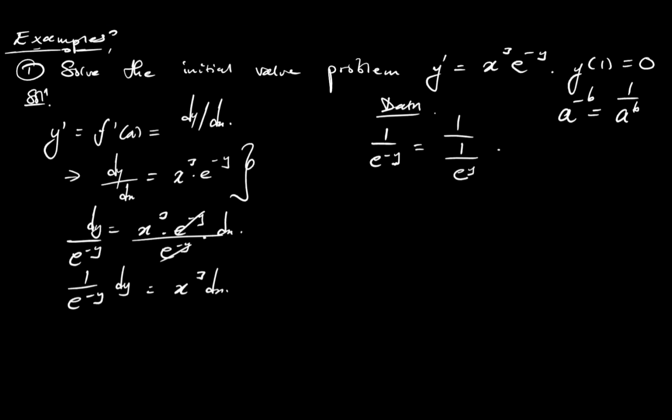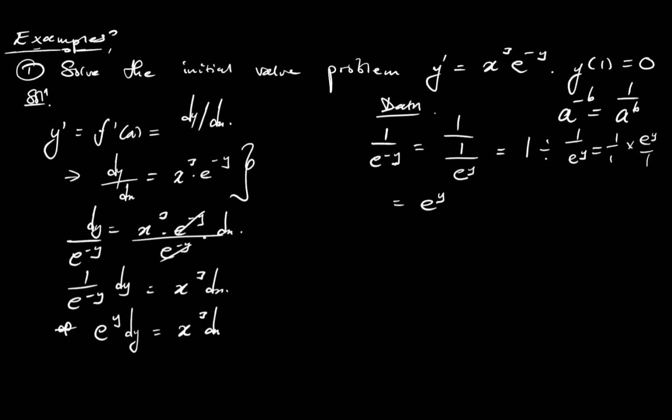This simply means I'm having 1 divided by 1 over e to the y, and this is the same as 1 over 1 times e to the y over 1, which basically just gives us e to the y. So we have e to the y dy being equal to x cubed dx. At this point, we have separated the variables.